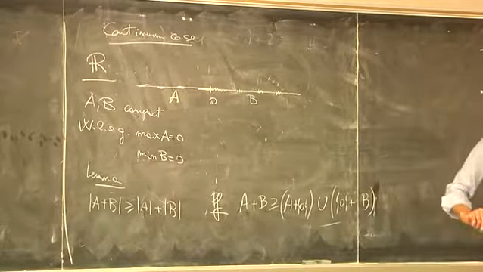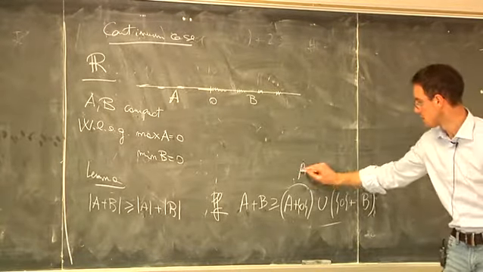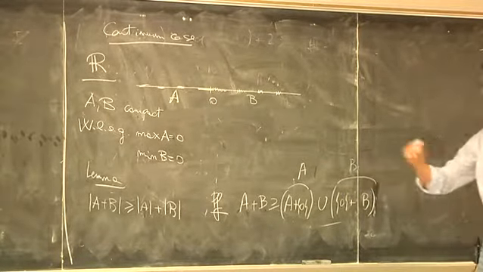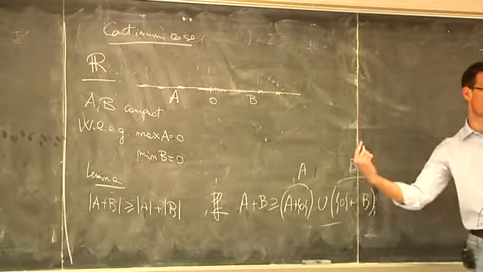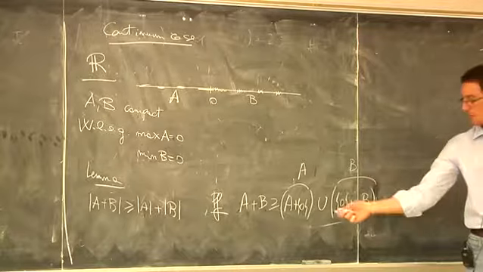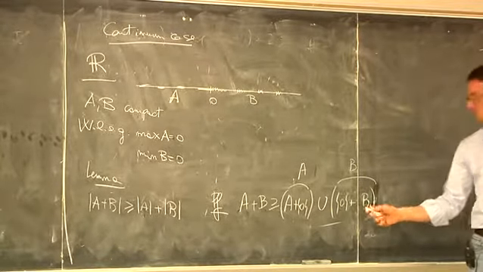0 plus B. Now this is the same as A, and this is the same as B. And now these two sets are almost disjoint. They just have one point in common, because they have the origin in common. But the origin has no measure, just one point.